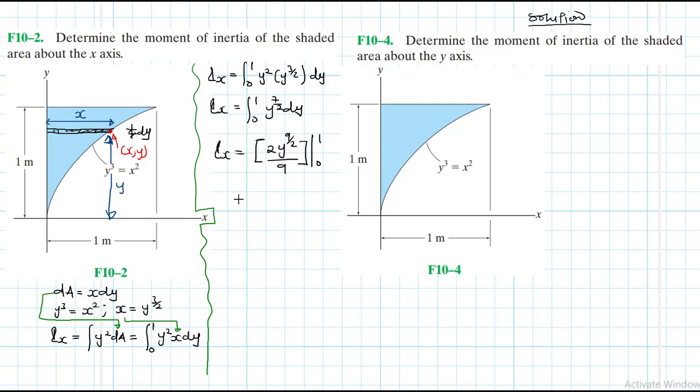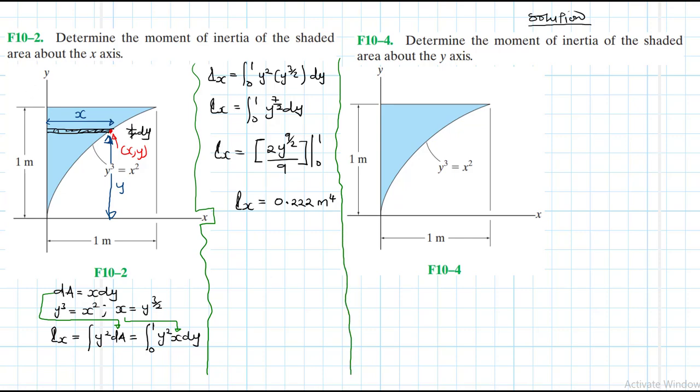Right, then finally we'll have moment of inertia about the x-axis equal to 0.222 meters to the power 4.